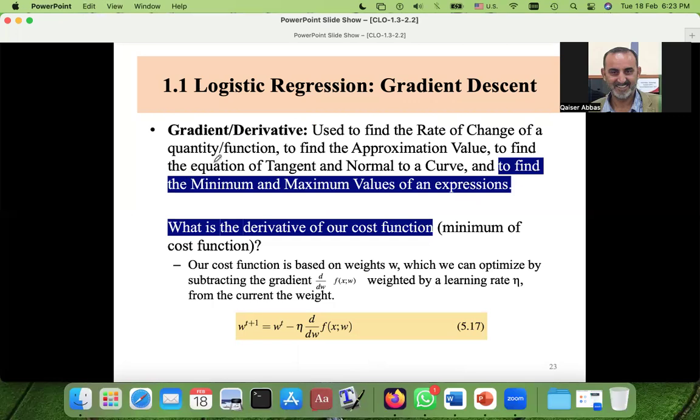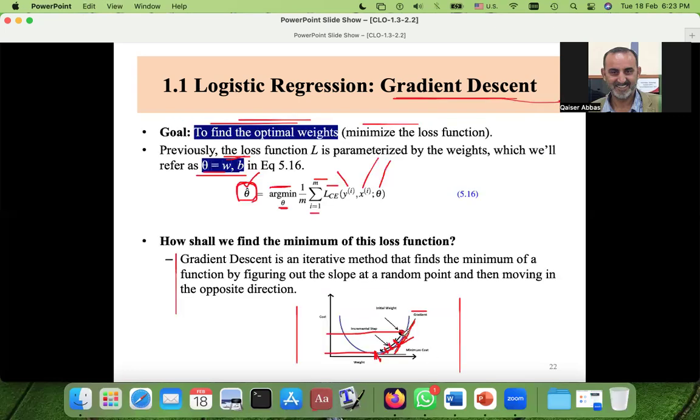So gradient is one name, derivative is another name, slope is another name. You can write it here. Why do we use these gradients and derivatives? We normally use gradient and derivative to find the rate of change in some quantity or function. For example, here we want to find the rate of change in the quantity, which is cost.